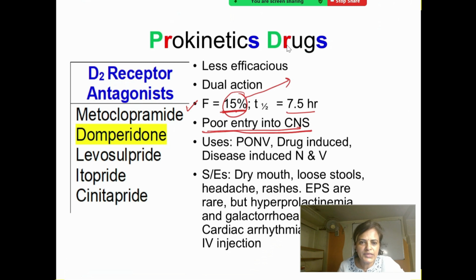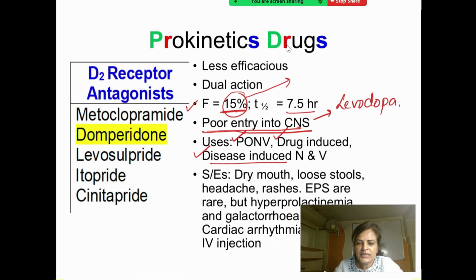This is one advantage: it is not going to abolish the effect of levodopa. It does not cause Parkinsonism. Where we can use it is post-operative nausea and vomiting, apomorphine-induced nausea and vomiting, and disease-induced nausea and vomiting like migraine.